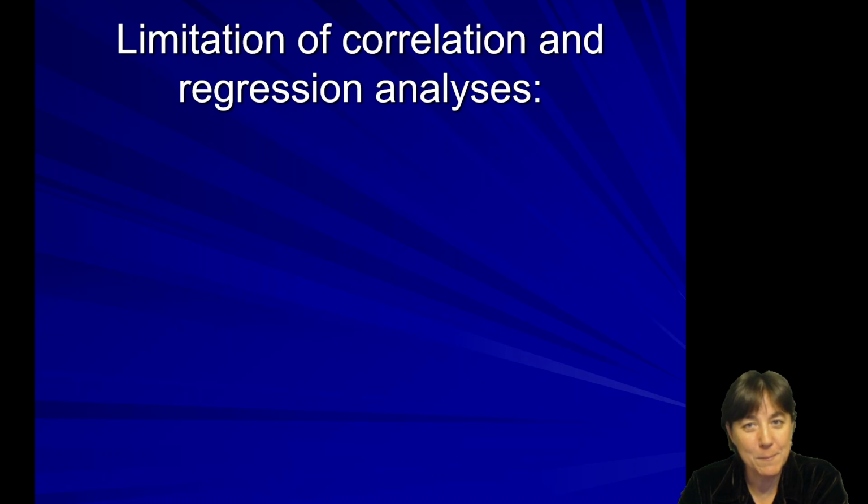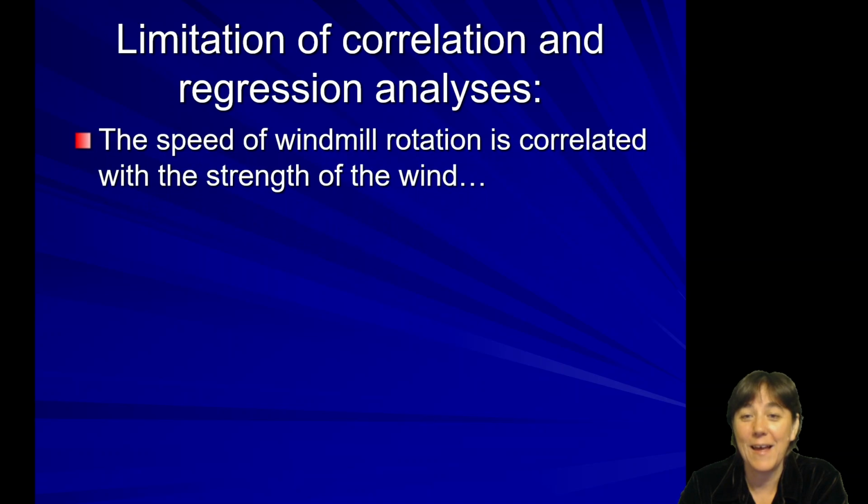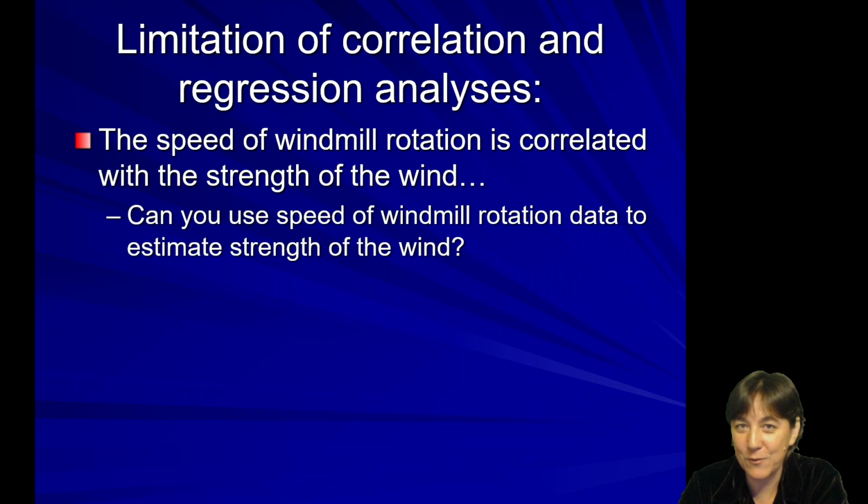Limitation of the regression analysis is exactly the same as it was with the breakfast theory in correlation. A good example might be that the speed of the windmill rotation is correlated with the strength of the wind, but you cannot use the speed of the windmill rotation data to estimate the strength of the wind.